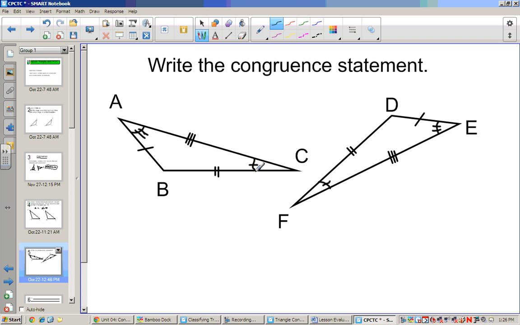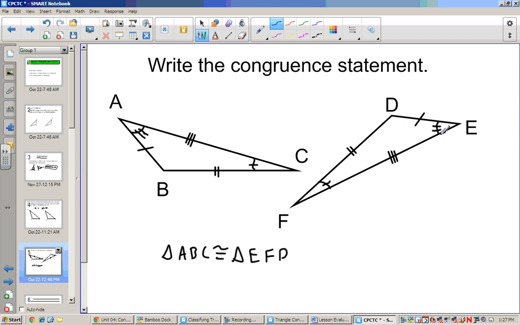Now here we're going to write the congruent statement. We start out the same way, triangle ABC. And what matches up with A? E. So we'll start with triangle E. What matches up with C? Well, that's over here, F. And then D just kind of comes along for the ride.